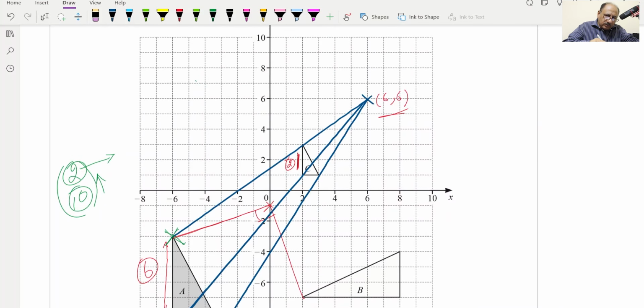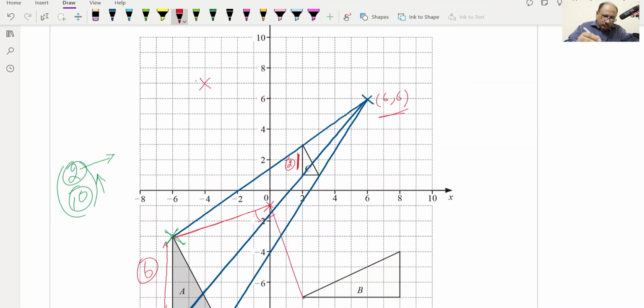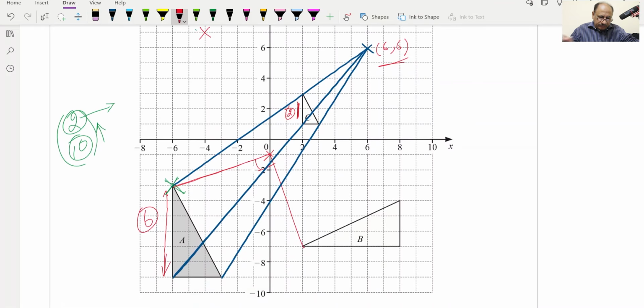So this is 2 and 10. So the other points of this same triangle will also be 1 2 3 4 5 6, we can locate the other points as well.